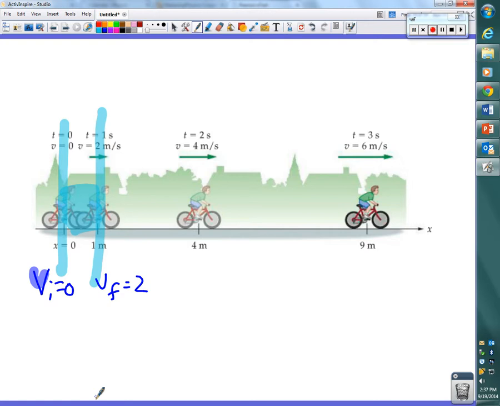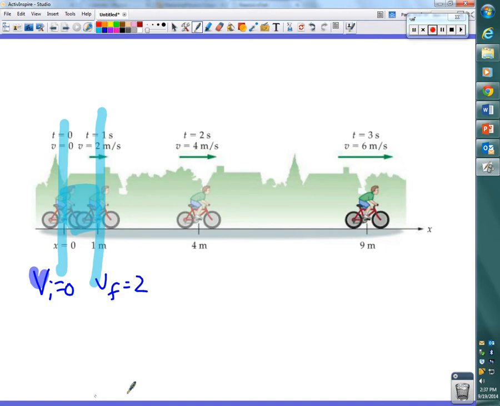But when we calculate averages mathematically, what do we do? Add them all up and divide by the number that you have. Right now, how many velocities do we know? 2.